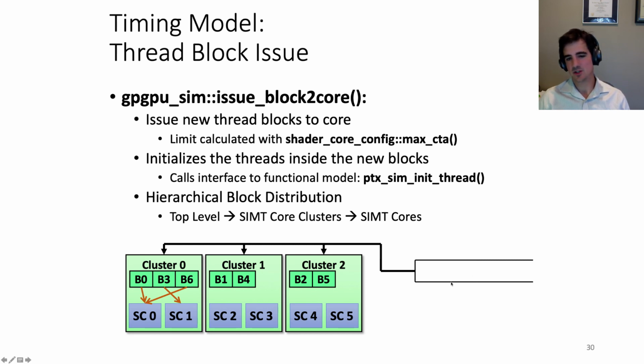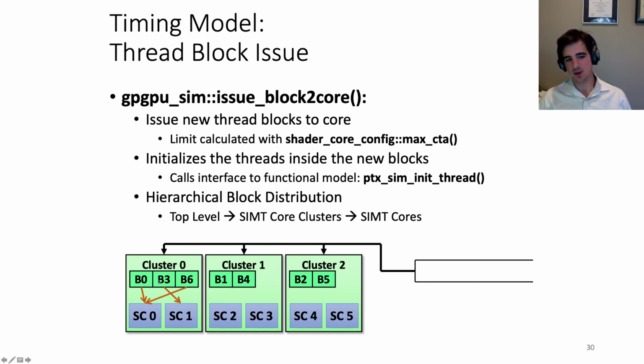And the way the scheduler works by default is to try and bring as many of the clusters online as possible. So it'll round robin between the clusters first. Block 0 goes to cluster 0, block 1 goes to cluster 1, block 2 to cluster 2, and then it wraps around. Then it's this hierarchical or recursive round robining mechanism. Within the cluster, it will take the blocks that have been assigned to this cluster and round robin those between the SIMT cores.